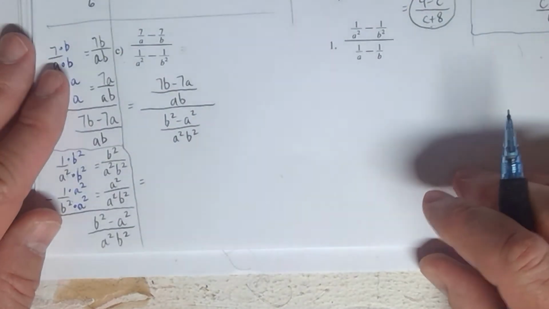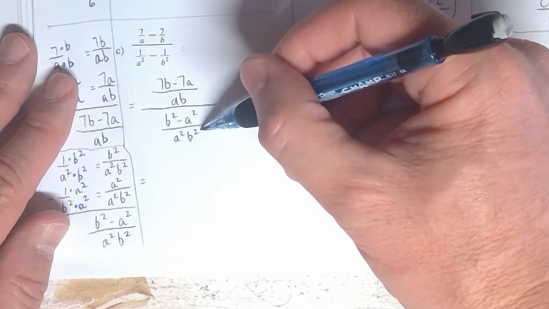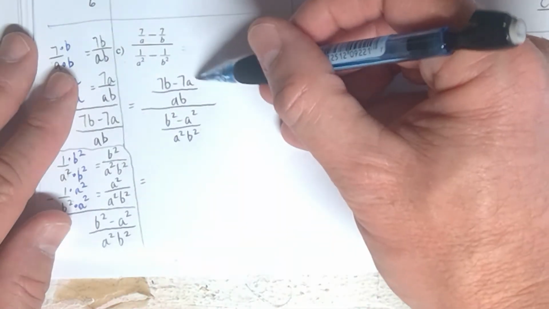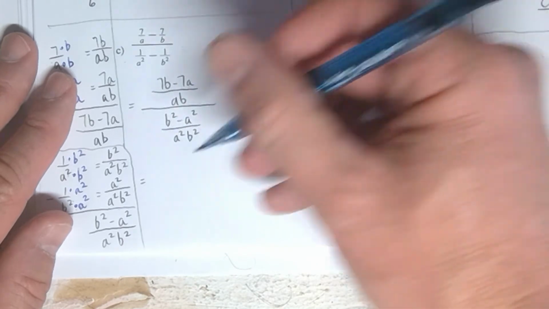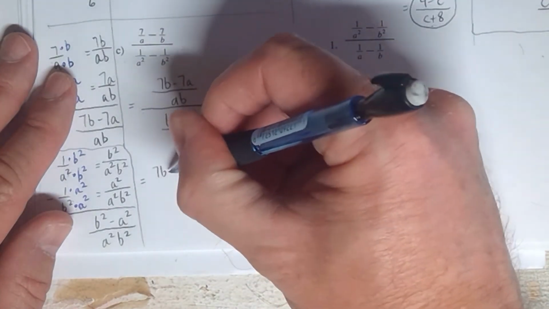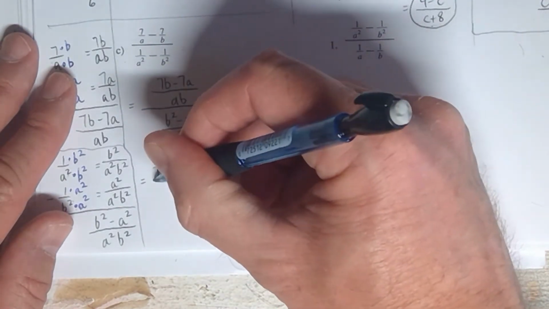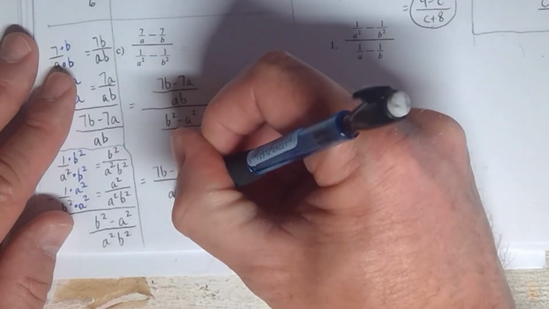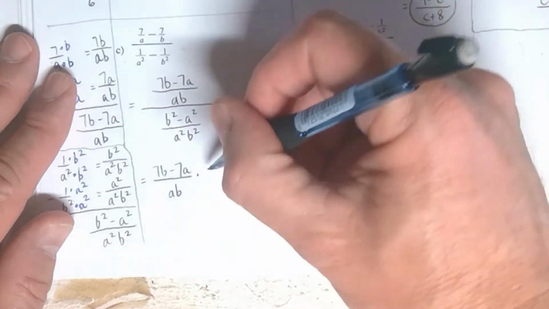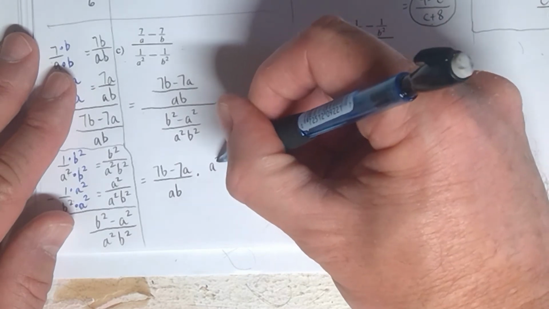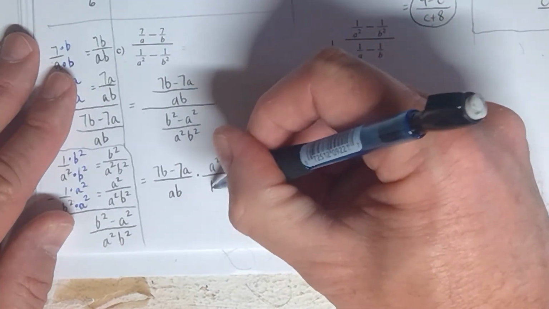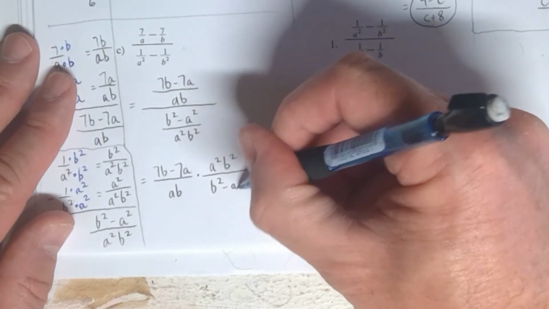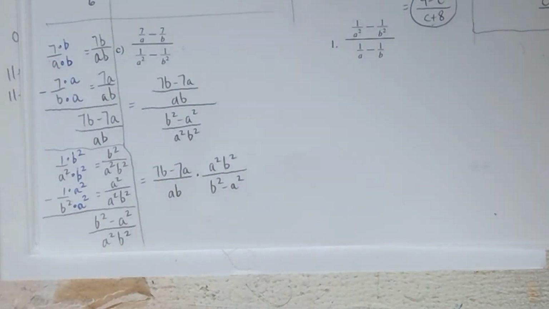And as we've been talking about in the last two problems, after you get a single fraction both above the big fraction bar and below the big fraction bar, you then, in the next step, keep the top fraction the same, but then you flip the bottom fraction and turn it into a multiplication problem simultaneously. Like that.